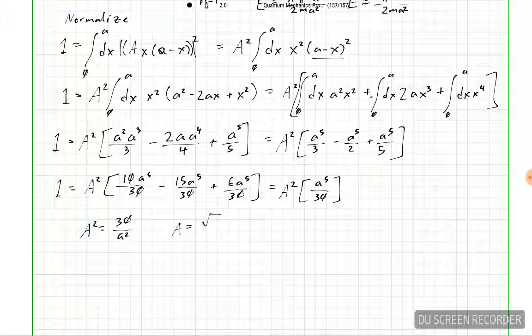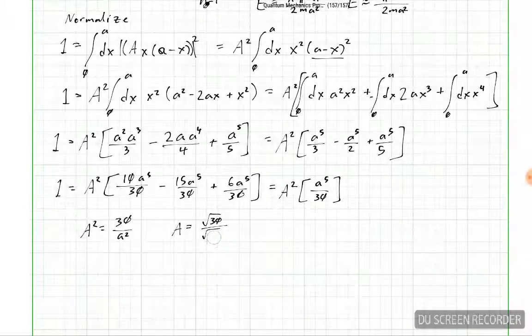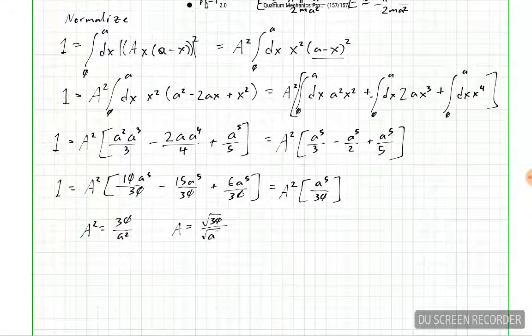So a is going to be the square root of 30 over the square root of a to the 5th. Or you could simplify out the square root of 30 too, but I'm just going to simplify the bottom, because 30 is 3 times 2 times 5.